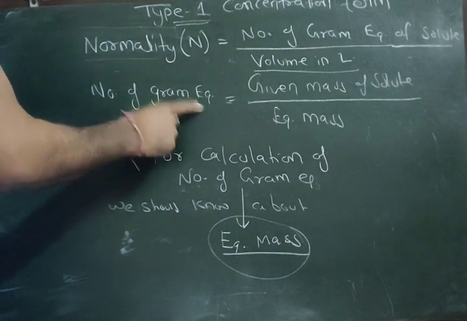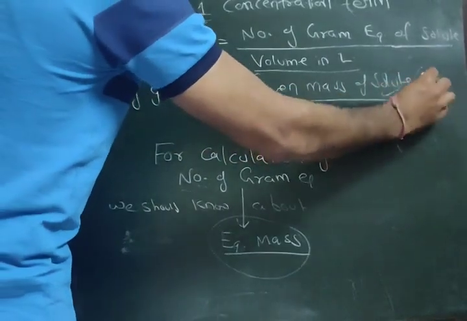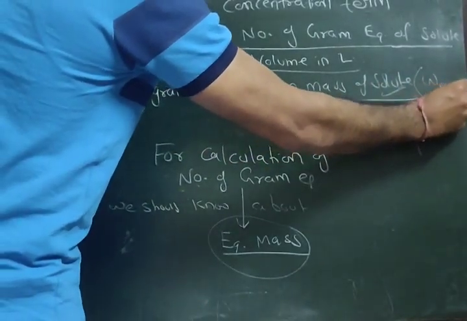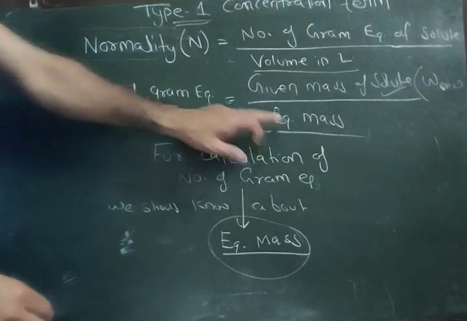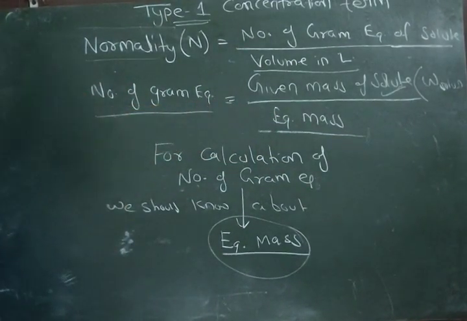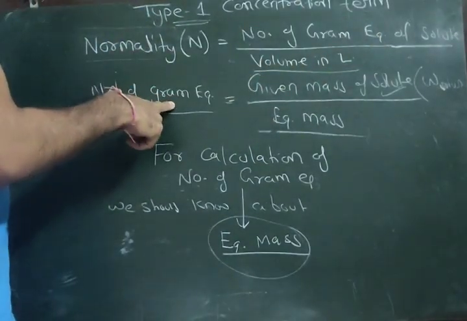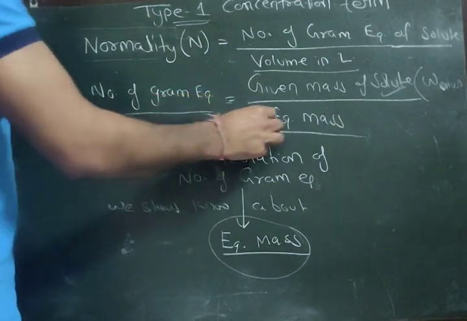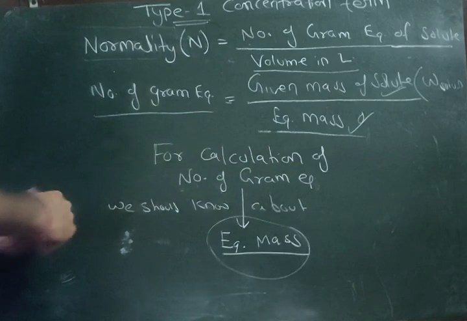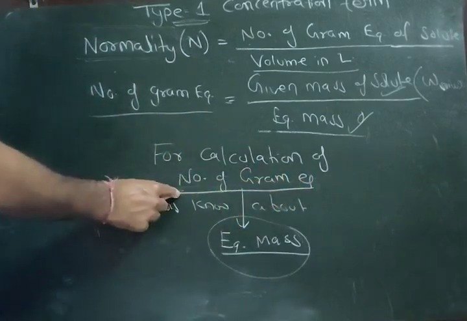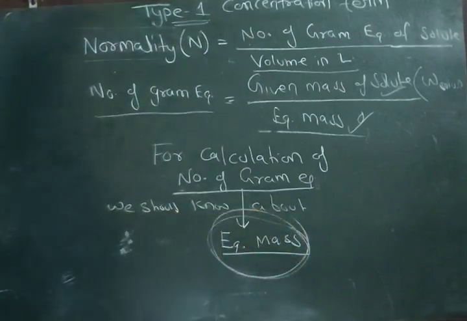The number of gram equivalent is the given mass of the solute, W of the solute, divided by the equivalent mass. That is why we need it: the number of gram equivalent is used in the formula of normality, so first we should know the equivalent mass.